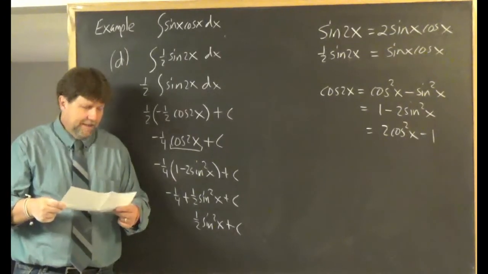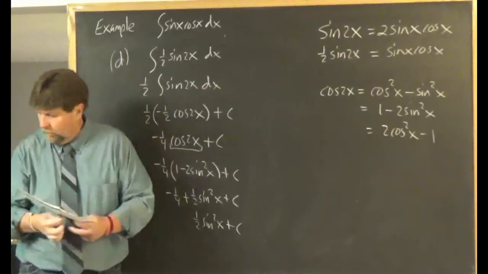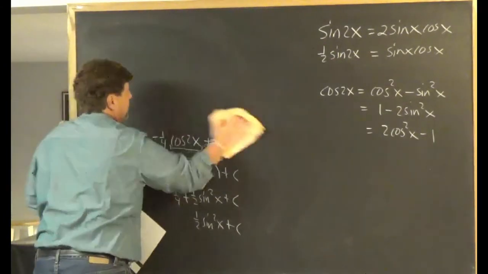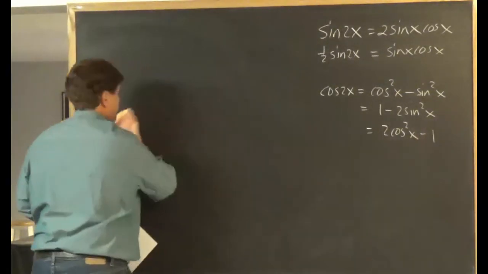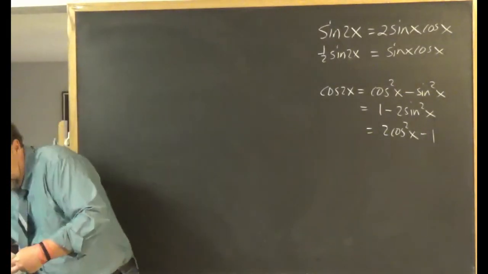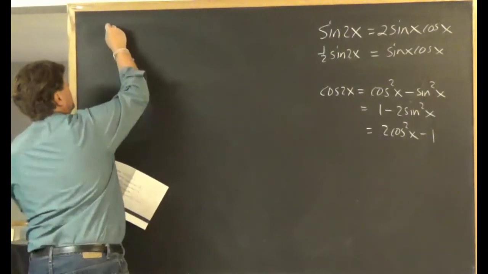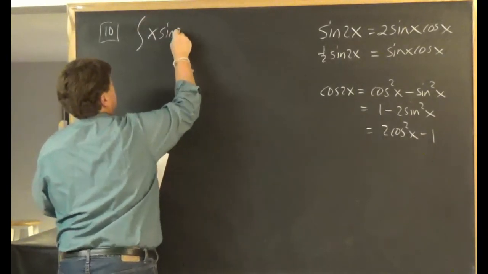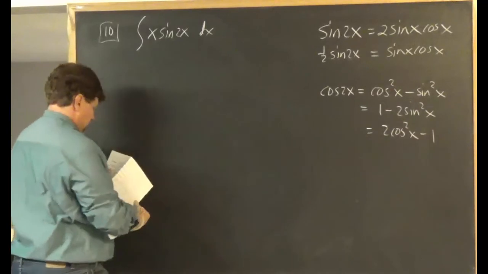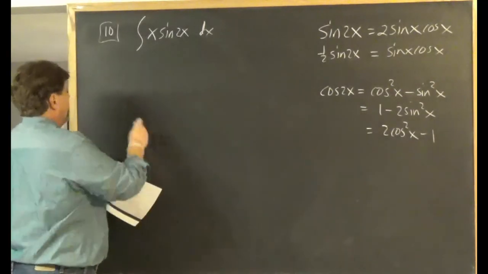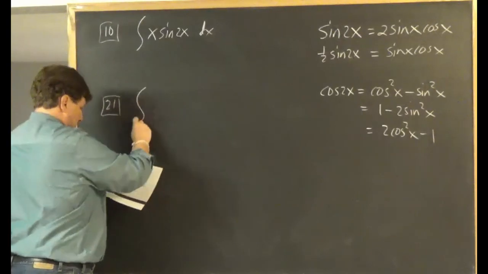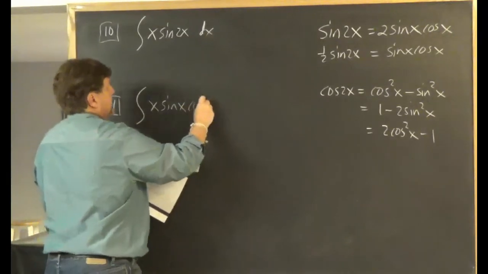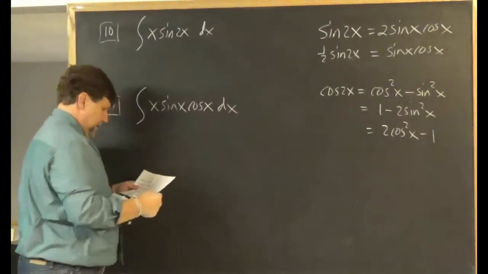And then part E, I said, let's have a look at numbers 10 and number 21. So here's what that refers to. I believe, hopefully I wrote this down correctly, in 10 you were integrating x sine 2x dx. And in 21, you're integrating x sine x cosine x dx.